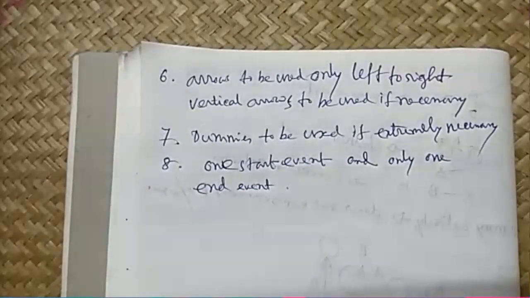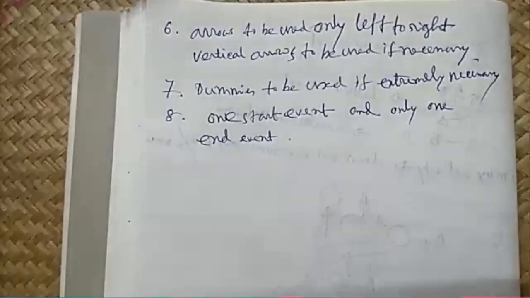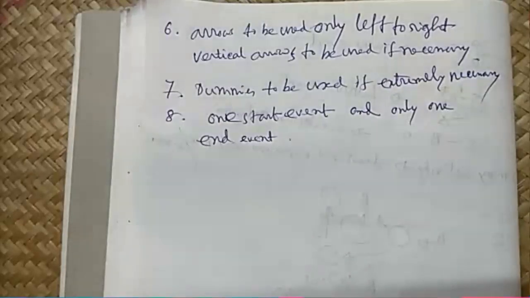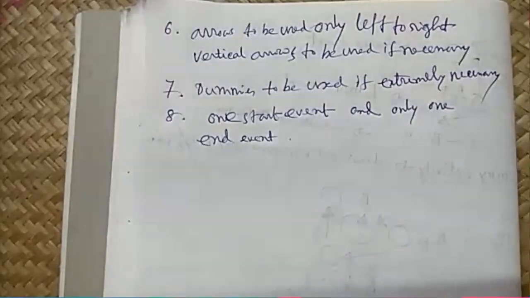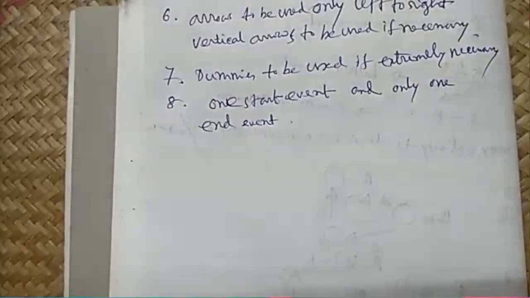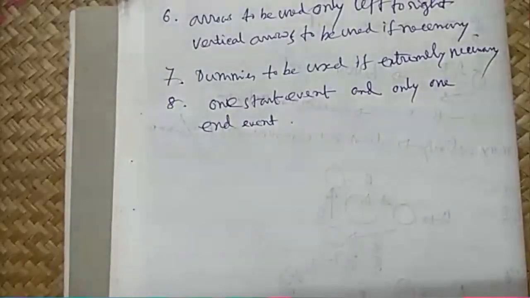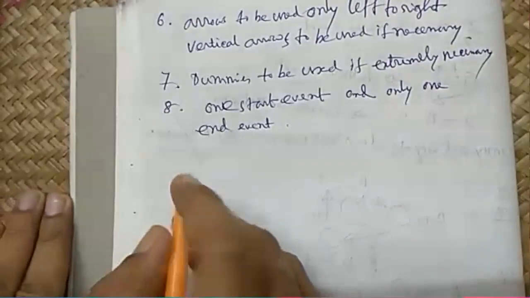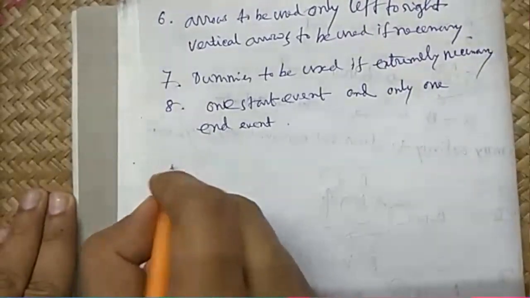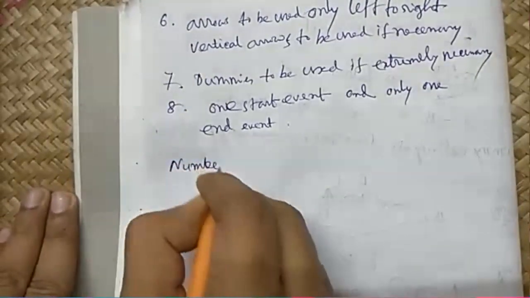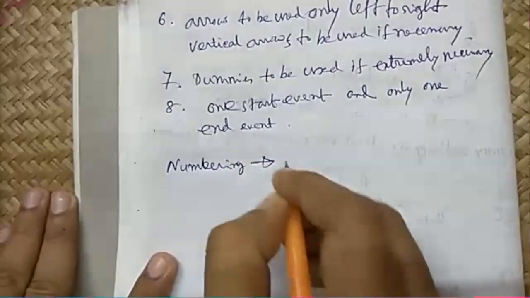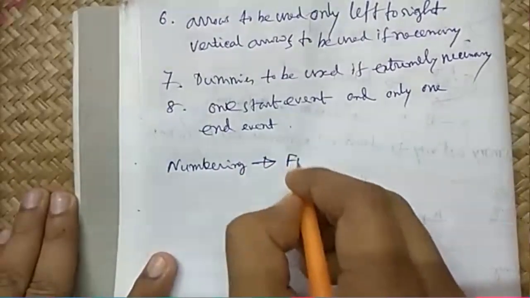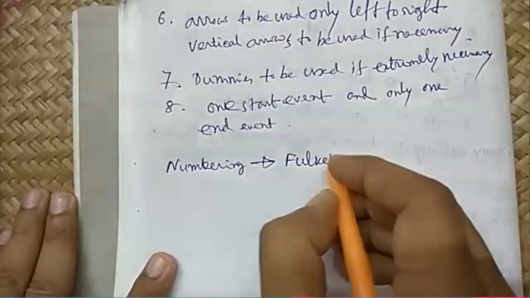These are the rules, and when you say out the rules, after that you need to number them. When you are constructing the network, you need a proper numbering system by which you number all your activities and events. So that numbering has a particular rule. This numbering has the rule which is called Fulkerson's rule.